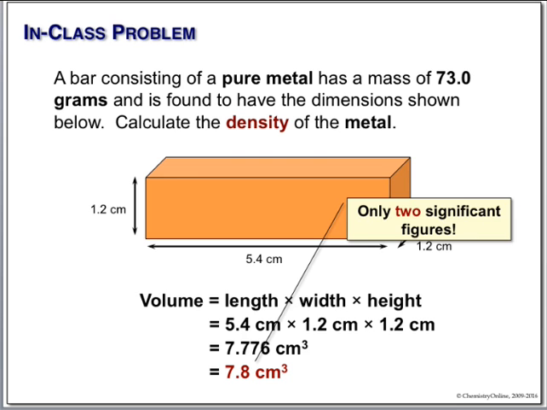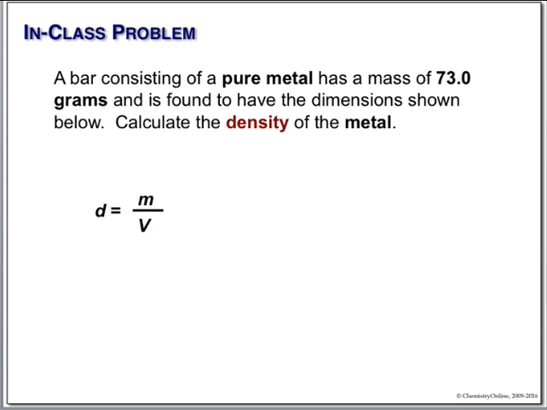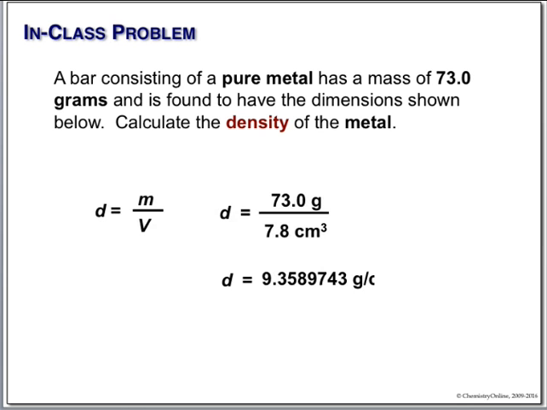We're going to take those, calculate our density. Mass divided by volume. Here's our mass, here's our volume. This again is our calculator answer. Now, how many significant figures do we round to? 3. When you look at your problem, we have 3 up top, don't we?